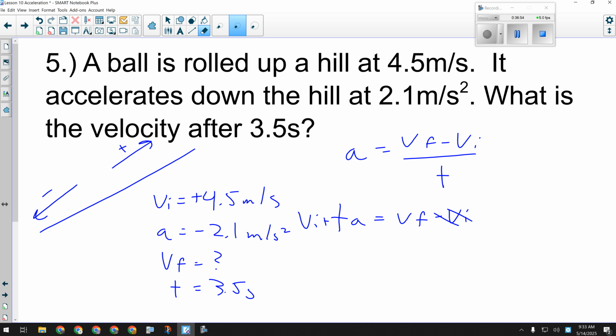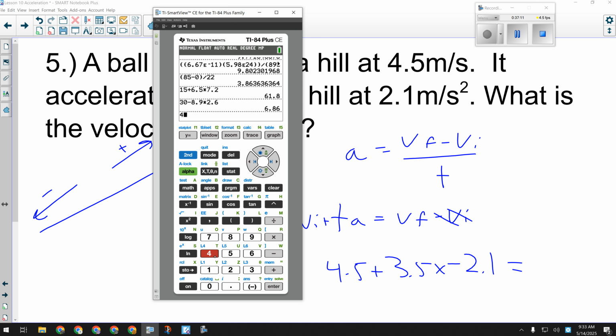All right, so I'm going to take my 4.5 and I'm going to add it to 3.5 seconds times negative 2.1 meters per second squared, because it is in the opposite direction. So 4.5 plus 3.5 times negative 2.1.